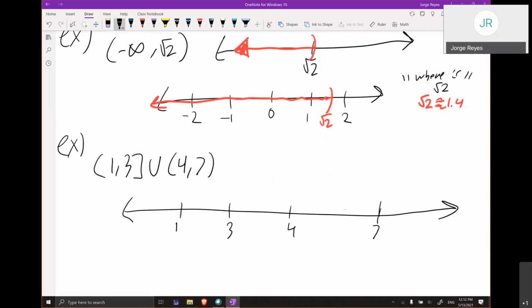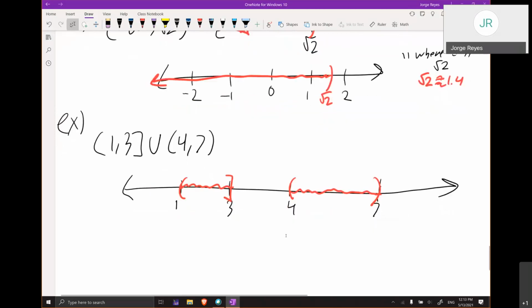This is why I'm a fan of the parentheses and brackets: parenthesis, bracket, parenthesis, parenthesis, and then you just fill in the insides. And that's what this looks like. You notice how it's both. This is what the union is doing. It's combining them, even though there's a space in between.